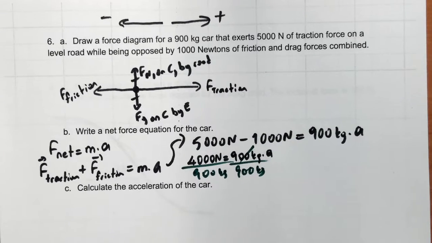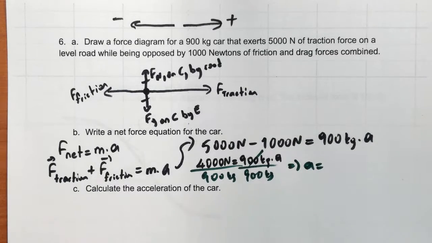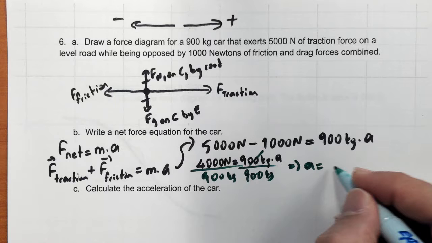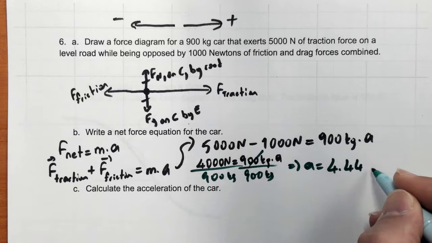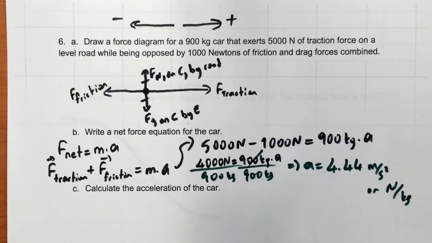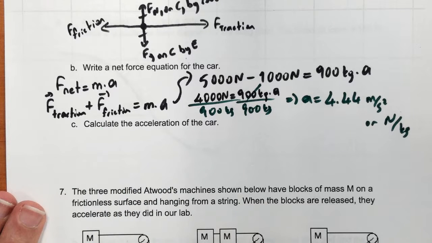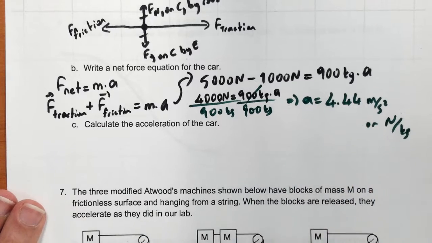Let's divide: 4000 divided by 900 is going to be 4.44 meter over second squared, or you can write the unit like Newton over kilogram. These are the same thing. So by the way, we calculated the acceleration of the car.